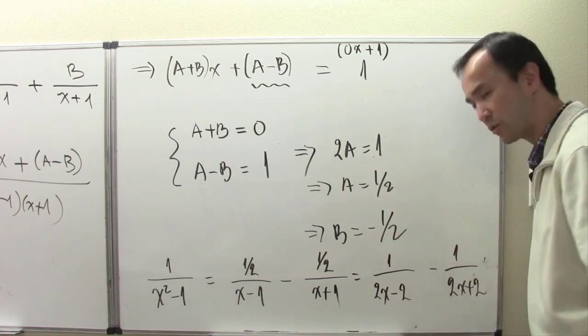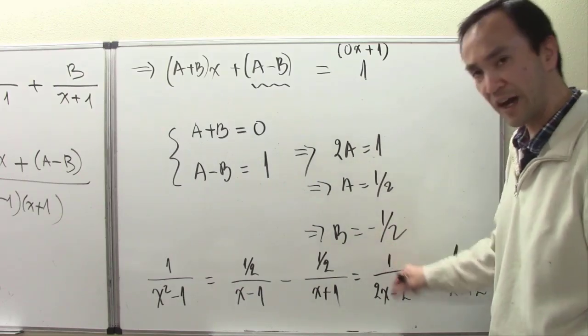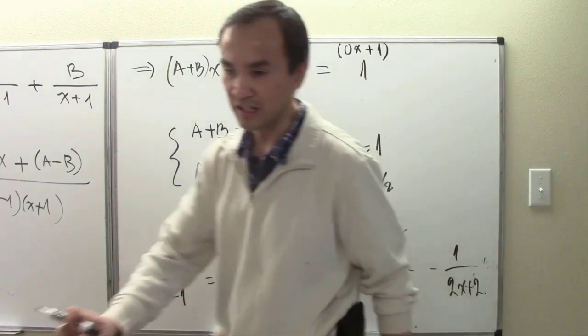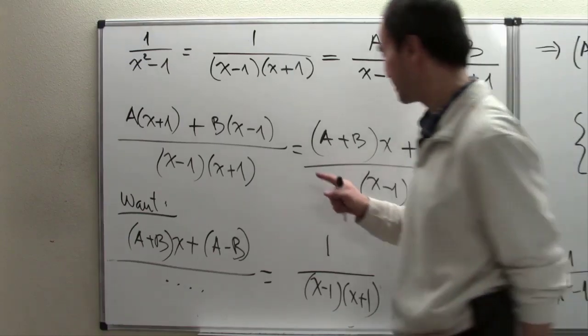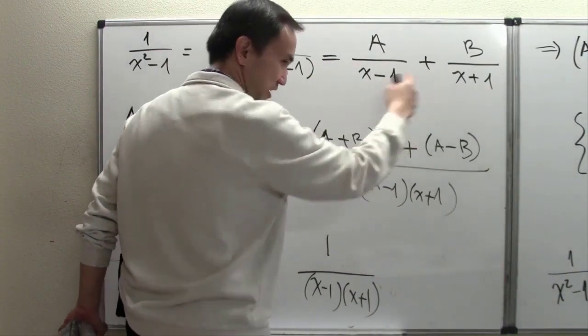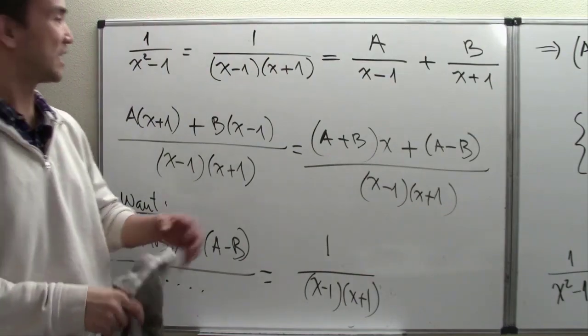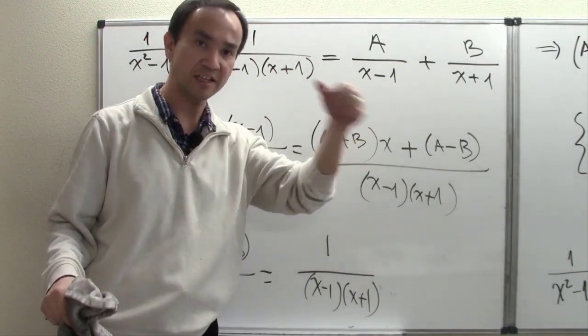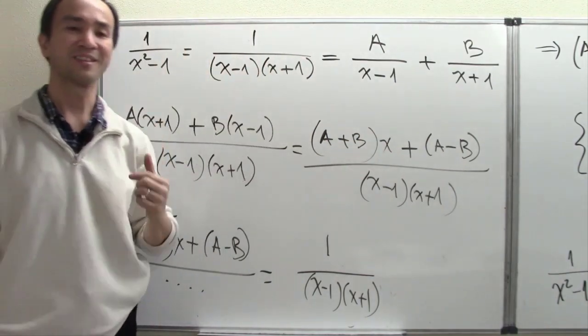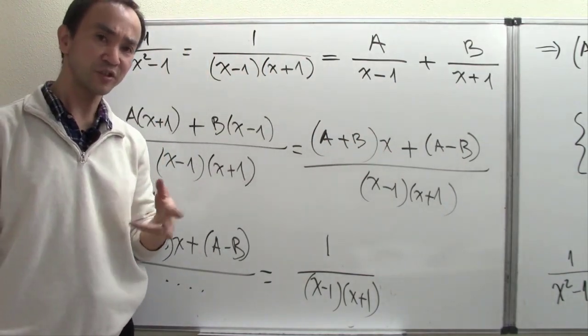You've got so many ways of writing it. That's the method we found for partial fraction decomposition. The first thing I showed is that we recognize the denominator as distinct linear factors. Did I answer your question?